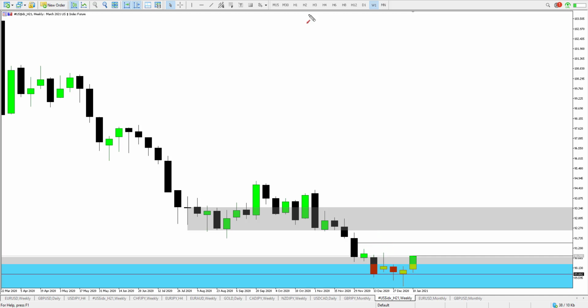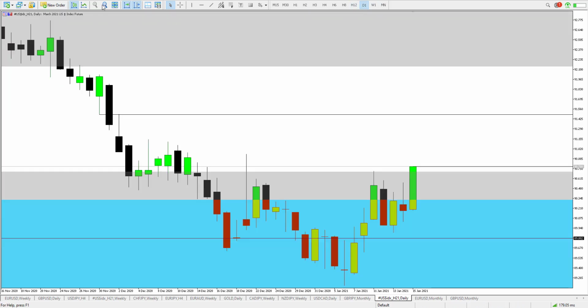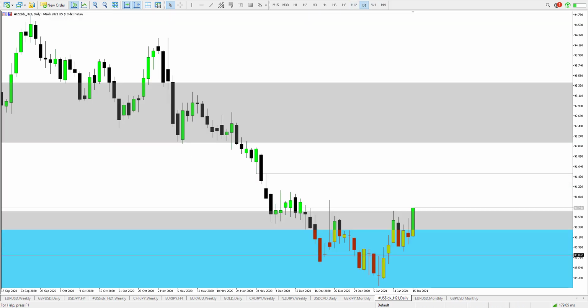Now if I go on a daily chart, let me zoom out a bit. Now on a daily chart, you can see we had another test of that weekly level here, and market traded lower to where? Inside our weekly bullish order block, where we eventually found support and market rallied.